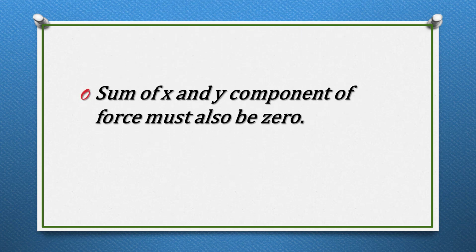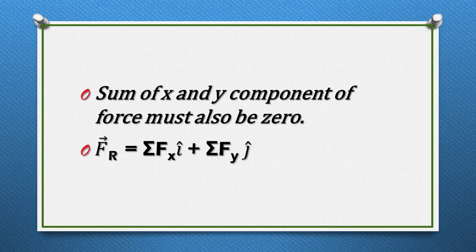Okay, and the sum of x and y components of the force must also be 0. Okay, if we are individually calculating the x and y components, their sum must also be 0. We know that we can write Fr, resultant force, as sum of x components I hat plus sum of y components j hat. In component form we can write the resultant force in this form.